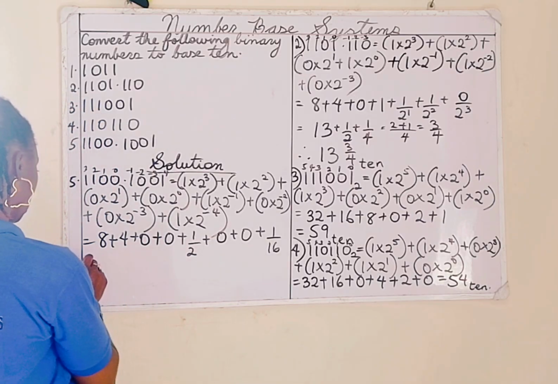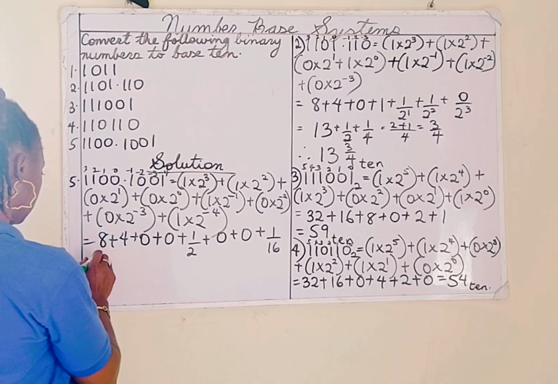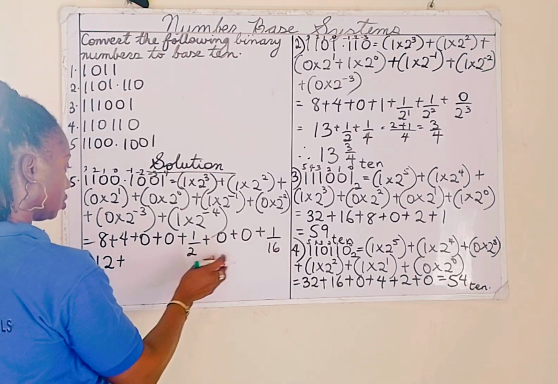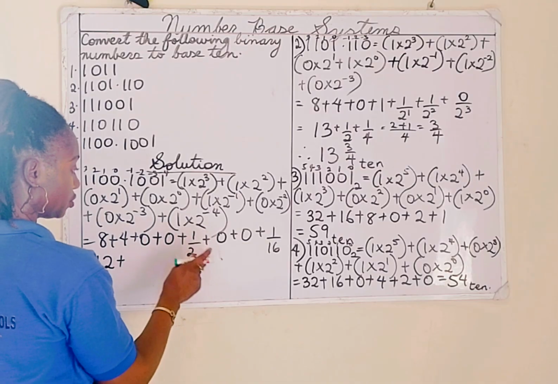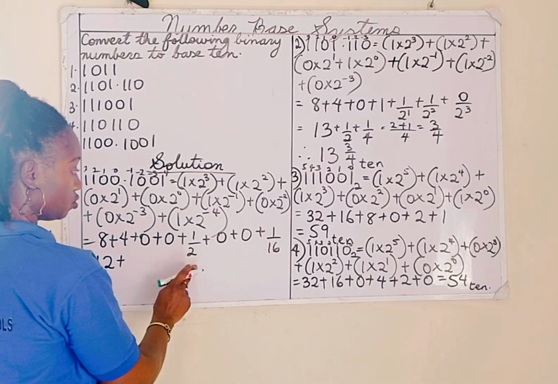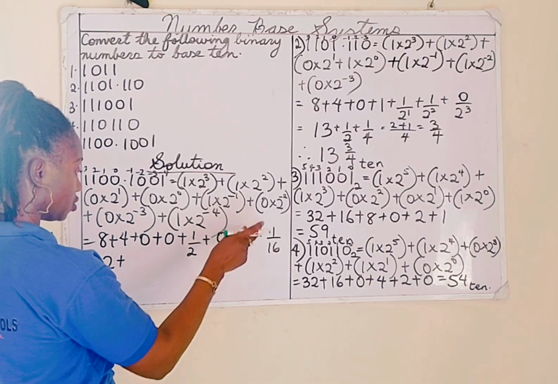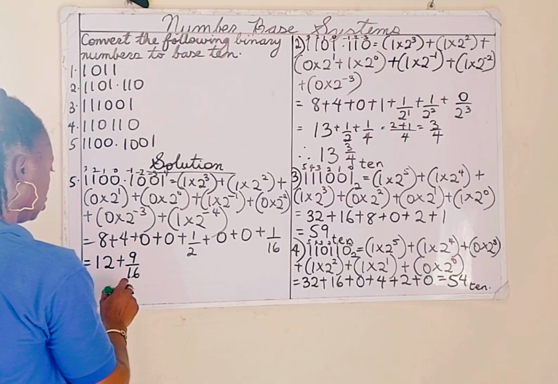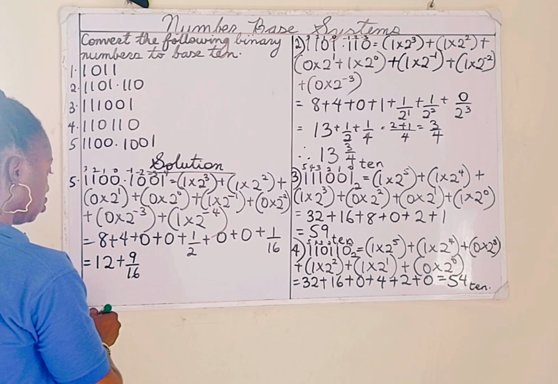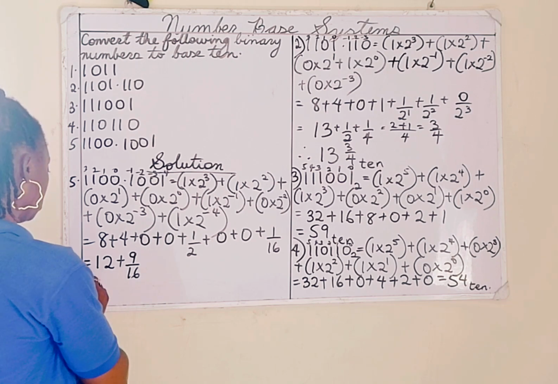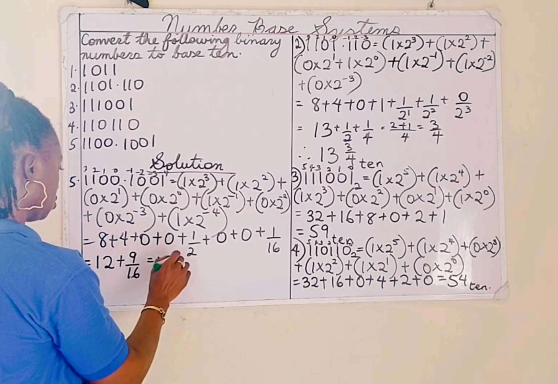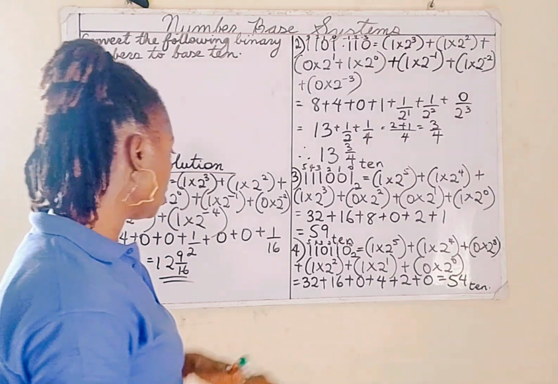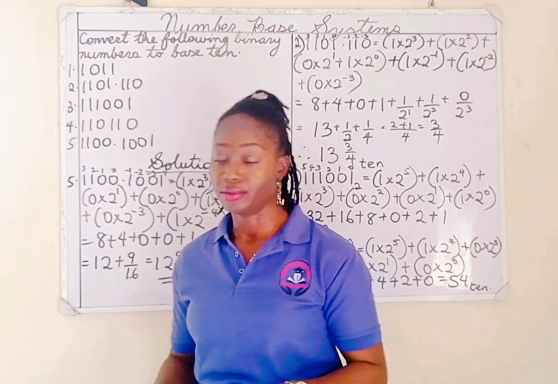So we have 8 plus 4 is 12, plus, what's the LCM of this? That will be 16. 16 divided by 2 will give us 8. So 8 plus 1, that's 9 over 16. Right? Can it be reduced further? No. So the answer is what? 12 wholes 9/16. And that's the final answer for this one.